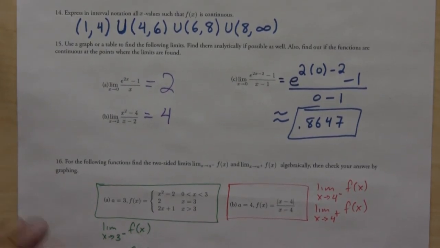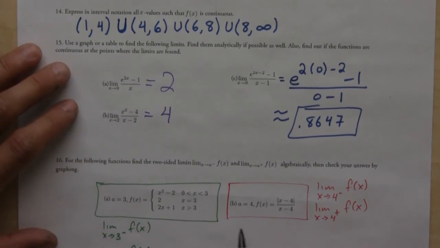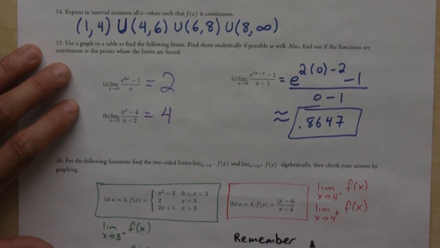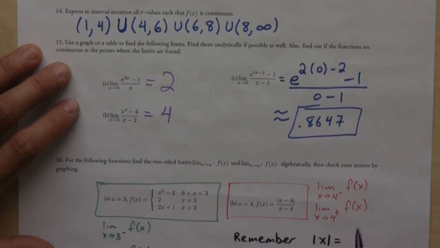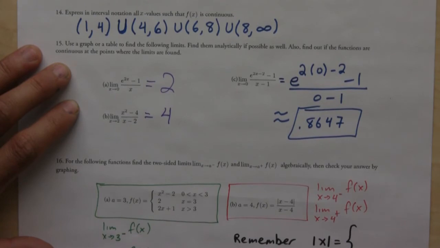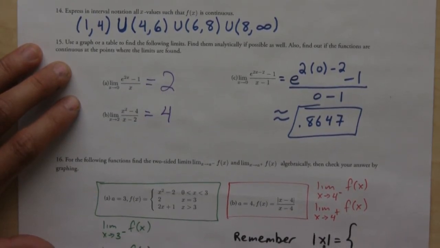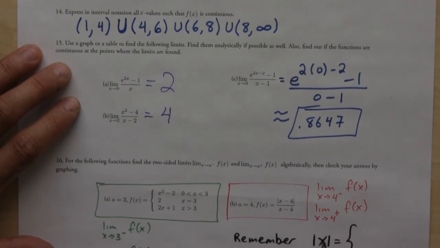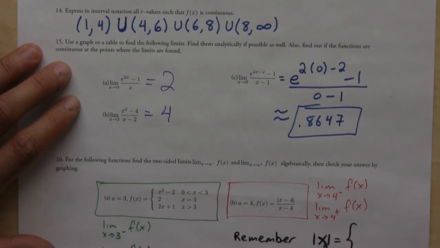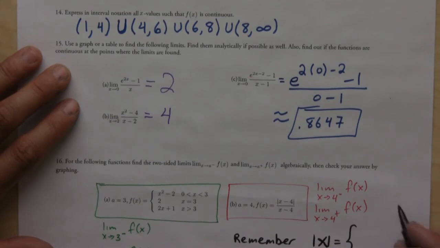Because, this guy, so let's convert. Remember that the absolute value of x can be described as a piecewise function. Remember that what the absolute value does is it turns every number that you plug into here into a positive number.